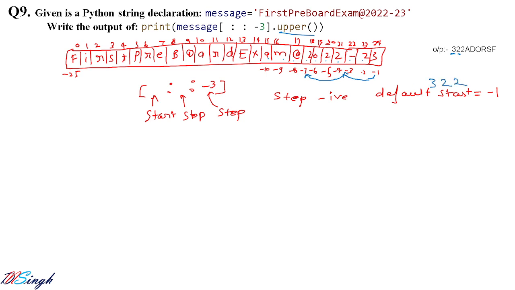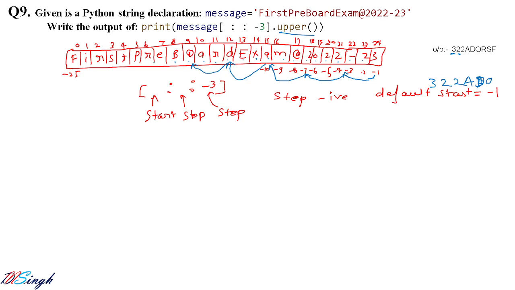After that A is going to come, which is converted in uppercase, so A will come. Next again 1 2 3, so D will come, and D is going to be in uppercase. Next 1 2 3, so this is O, and that will be converted into uppercase. So D, after D, O will come.